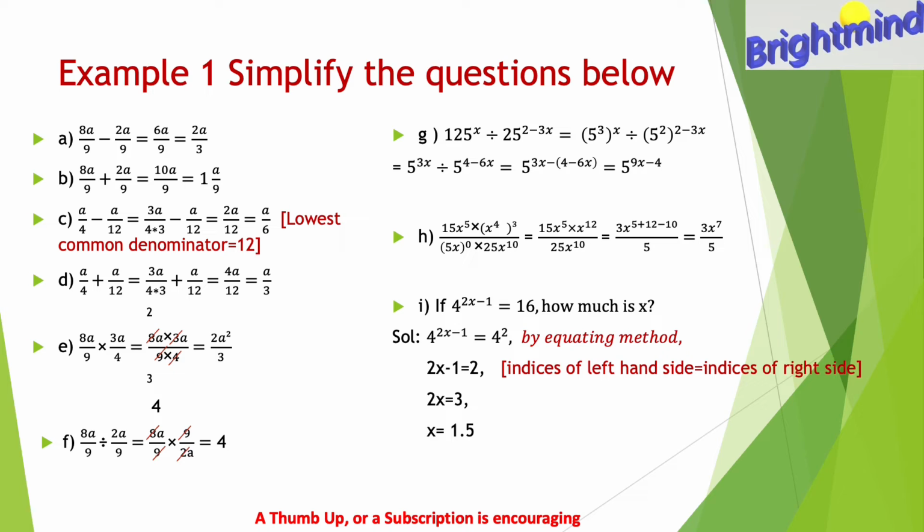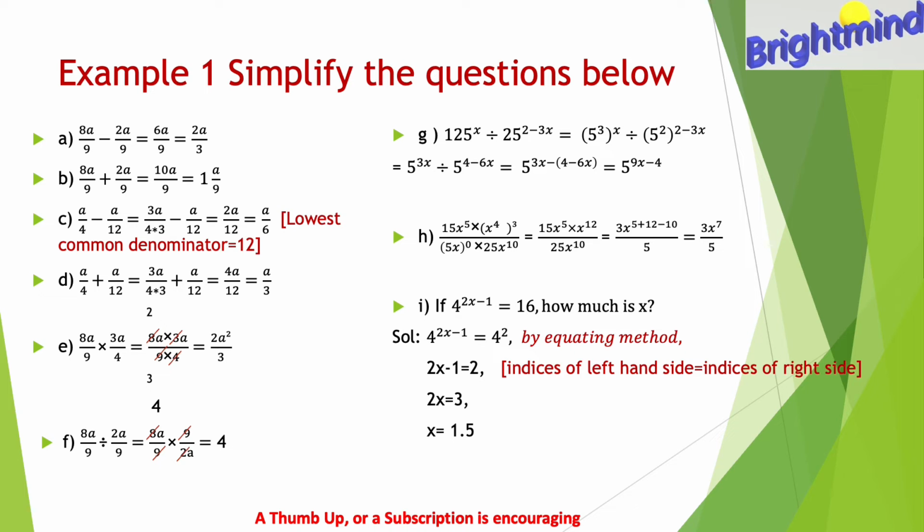Now, I use the power multiplication rule to expand the bracket. I get 5 to the power of 3x, divide 5 to the power of 2 times 2 gives you 4, 2 times 3 gives you 6. So 5 to the power of 4 minus 6x. Now I can apply the index law, the division one. I keep the base 5.